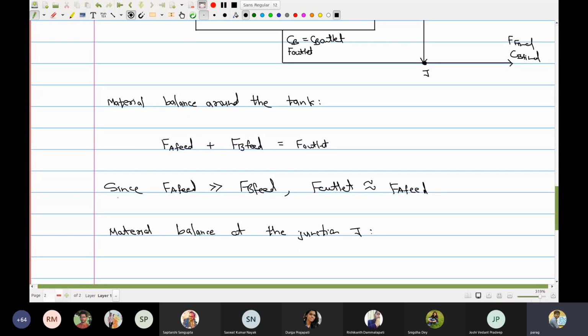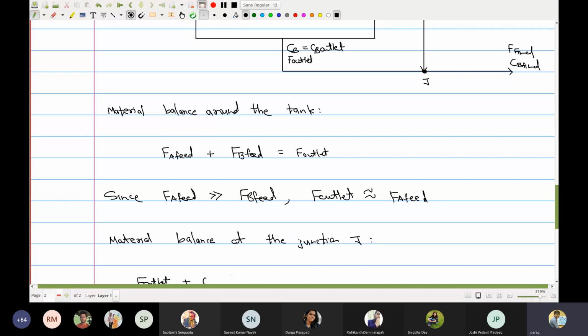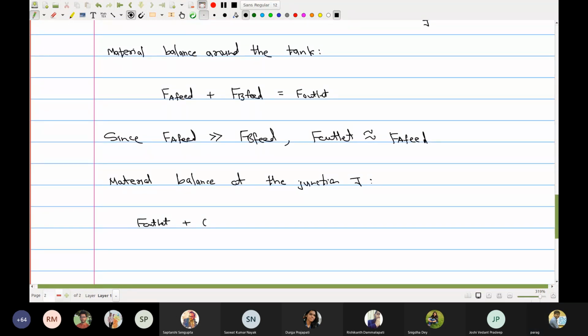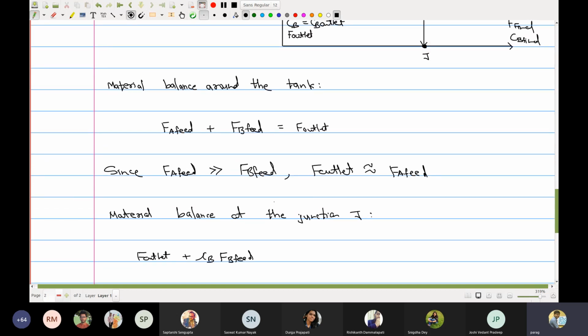You have F outlet, which is coming in, plus XB times FB feed, which is coming in again from the top, and this is equal to F final, right?